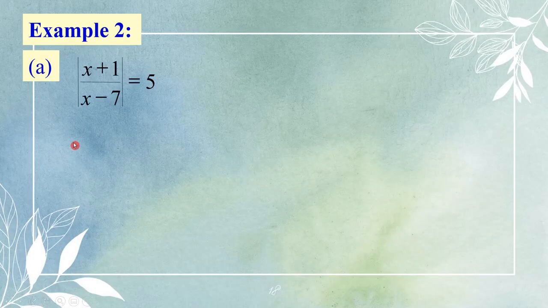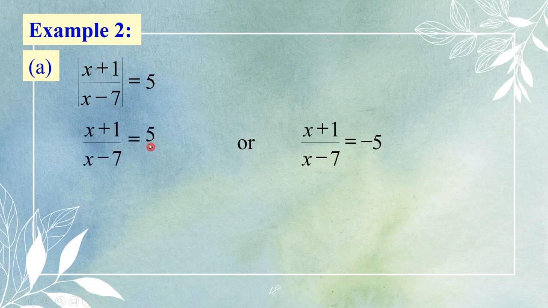Okay, let's look further at rational functions for absolute values. Given to us, absolute value of x plus 1 over x minus 7 equals 5. By using definition, it is equals to 5 or negative 5.